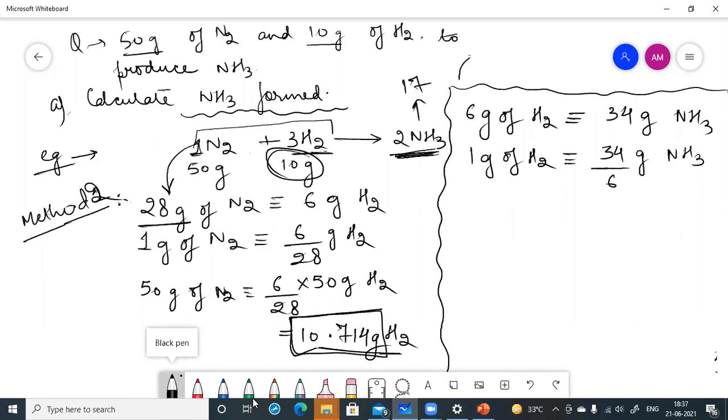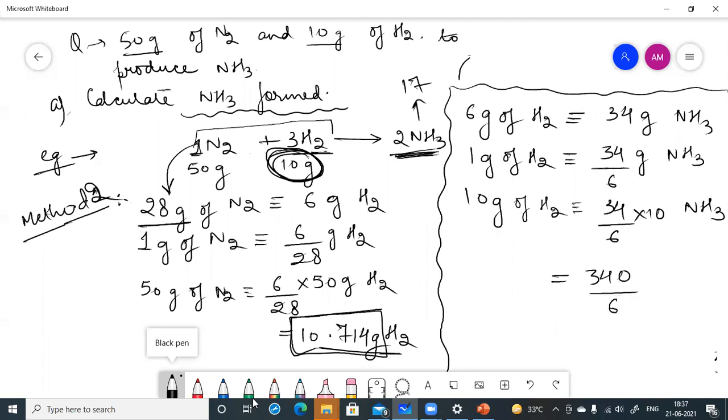And how much hydrogen is given in the question? 10 grams. So 10 grams of hydrogen will form 34 by 6 into 10 grams of ammonia. So this will be 340 by 6 grams of ammonia, and you can convert it into decimal form, which is around 56.6 or whatever.